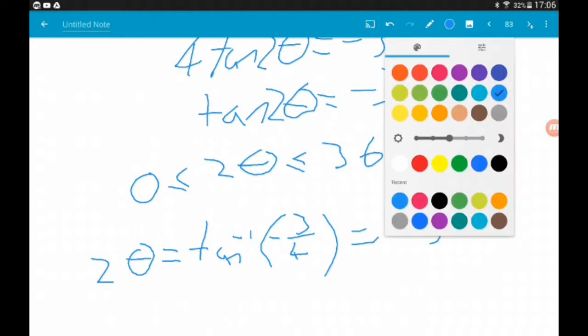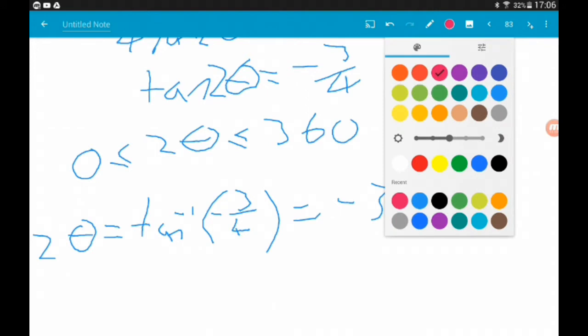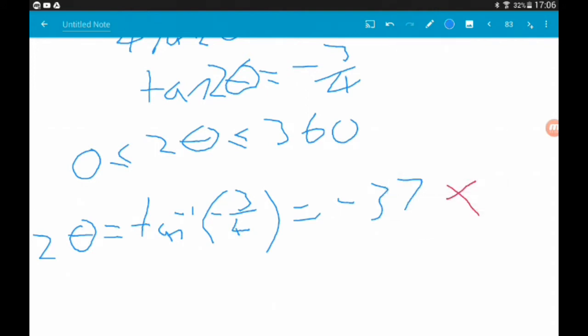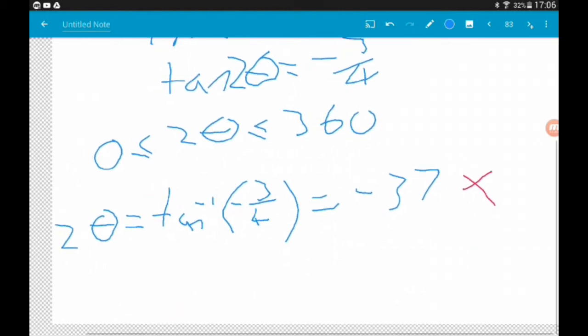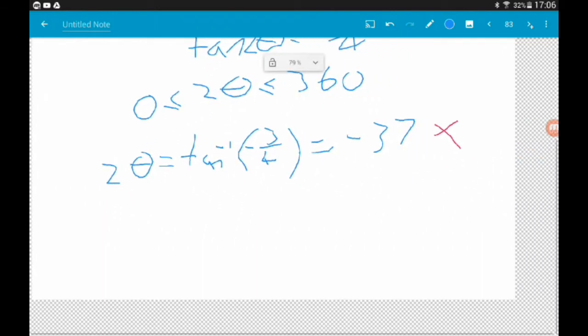We'll put a little cross next to that to show 2 theta is not allowed to be minus 37. To get into the interval that we want, which for 2 theta is 0 to 360, we're going to add 180.